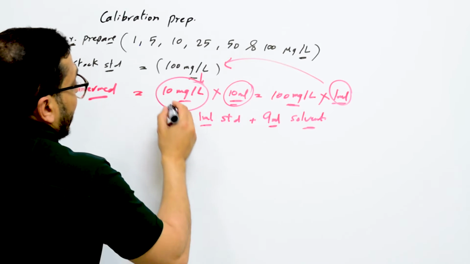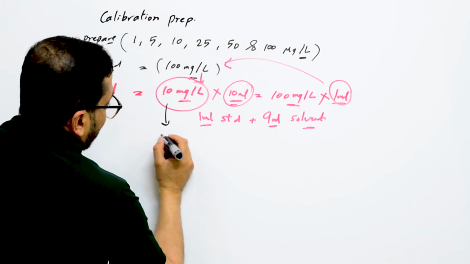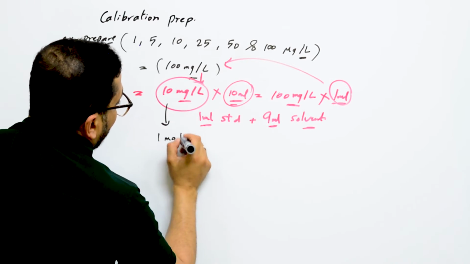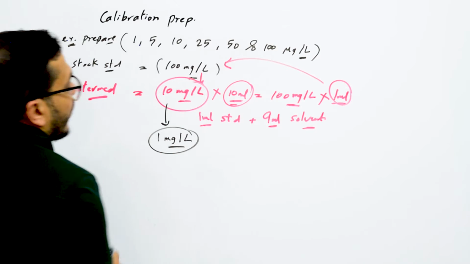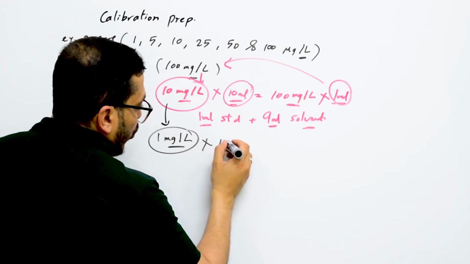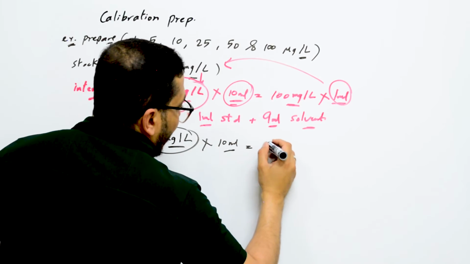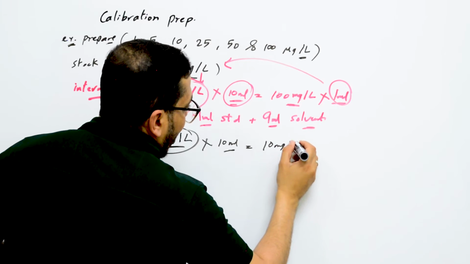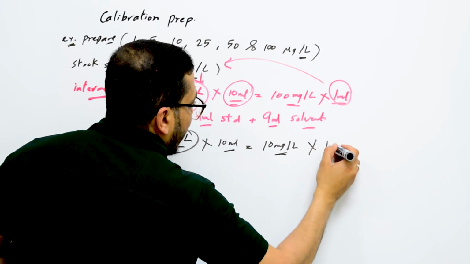Then from 10 milligram per liter you will prepare 1 milligram per liter, 1 milligram per liter in 10 ml also. From 10 milligram per liter you also need to add 1 ml.